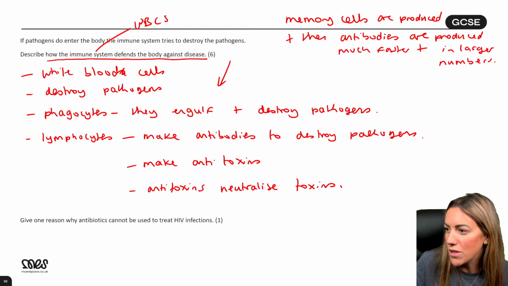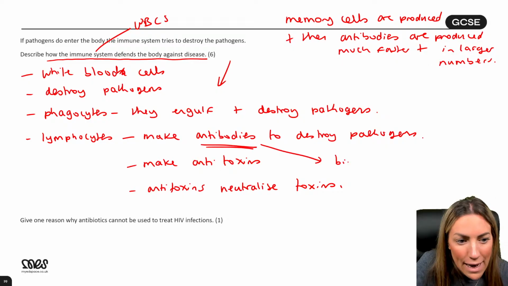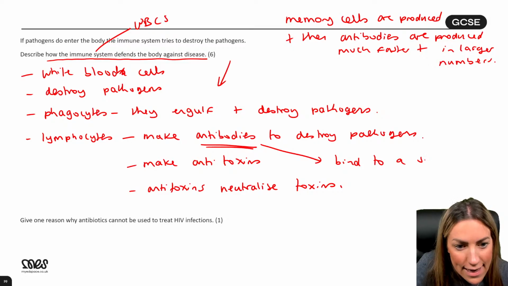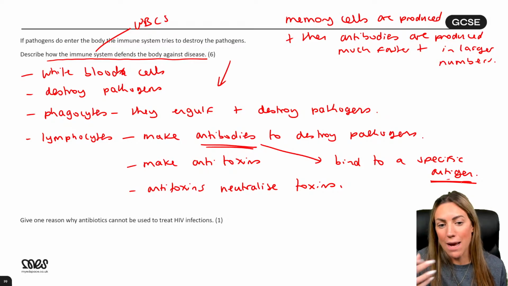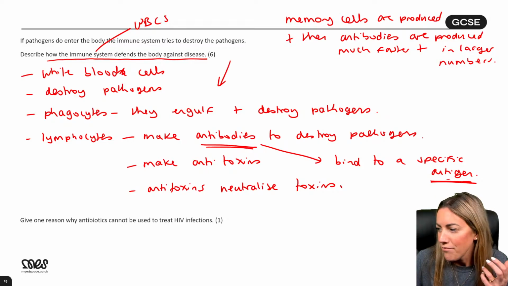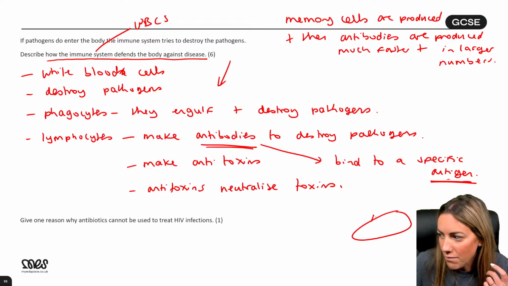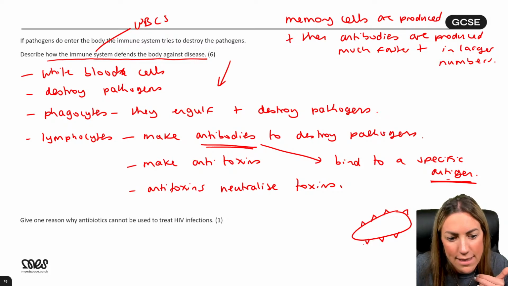What are antibodies? Remember, antibodies bind to a specific antigen. A pathogen is foreign, it should not be in our body. A pathogen has antigens on its surface, which are like foreign proteins.